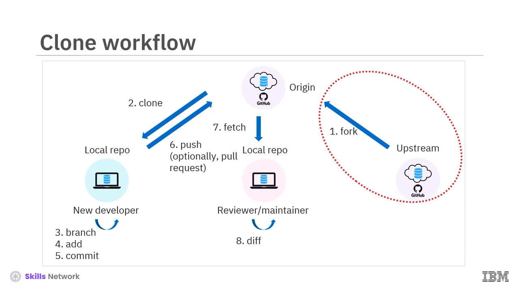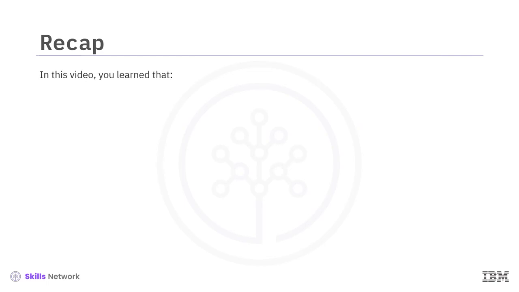Once reviewed, they can use git checkout and merge the branch to the main. Lastly, anyone with maintainer access can create a pull request to the original upstream to initiate the changes in the original repo.